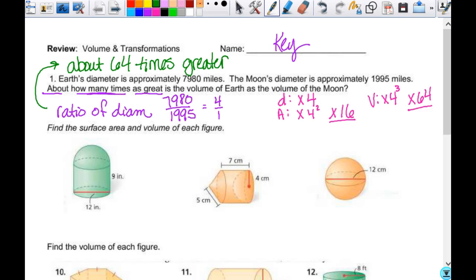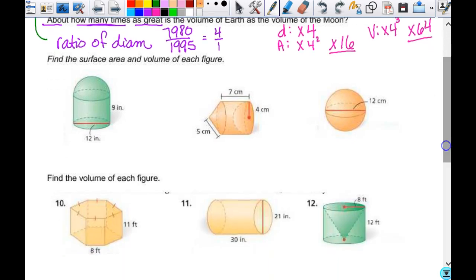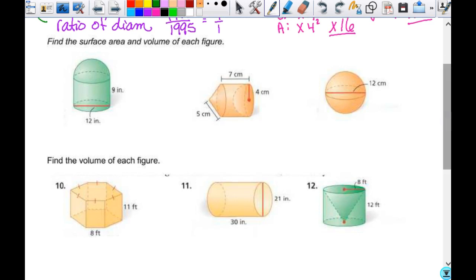Okay, we're good? Okay. So then on these, I'm betting I probably didn't give you enough room at all for any of this, but I was trying to save some paper. So we're going to find the surface area and the volume of each figure. So to start with the surface area of this one, my surface area plan, I could find just the lateral area of the cylinder.